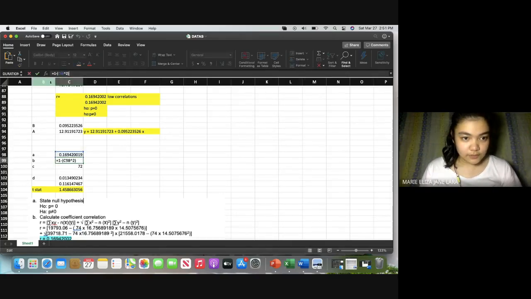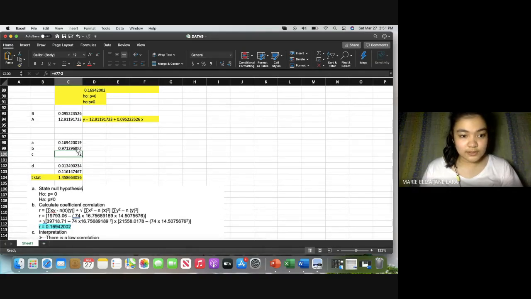And then for the denominator, you have 1 minus C98 squared, where C98 is the value of the correlation coefficient, so 1 minus the correlation coefficient squared. And here you have the sample size minus 2.